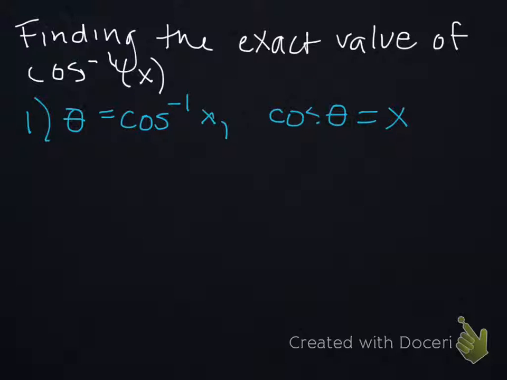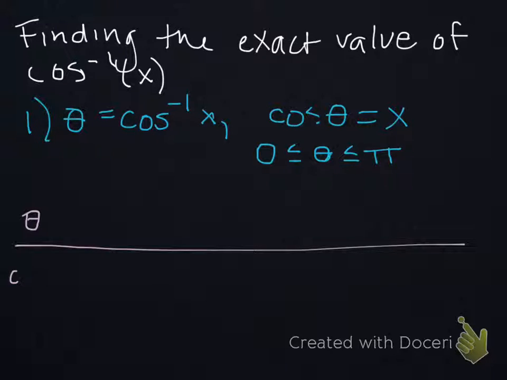Now, cosine has a different restriction on theta: 0 is less than or equal to theta, less than or equal to pi. So notice we have a different set of values that you have to know. So again, we're going to make our chart that we can use. Here's my theta, and we'll make our cosine list.